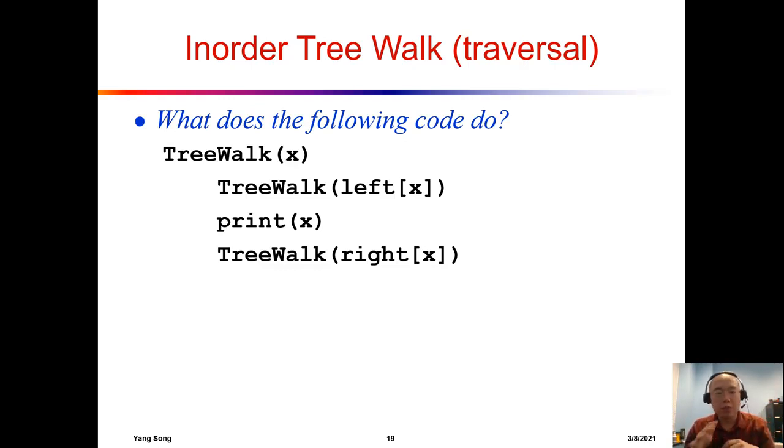Okay, the tree walk or tree traversal is the approach we can use to visit all the nodes of the tree one by one. So how do we do that? Well, in our textbook, the first way we see is a recursive tree walk of the left subtree, and then we visit the root, and then we do another recursive tree walk on the right subtree.